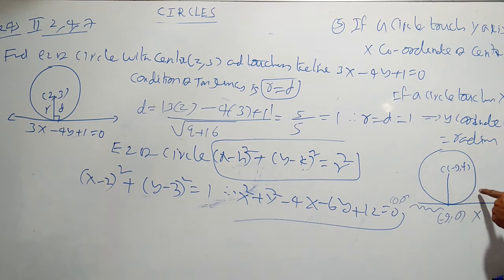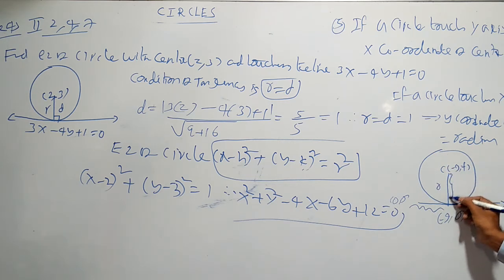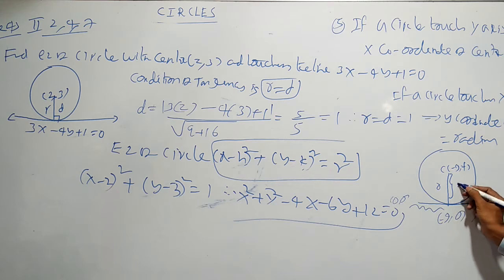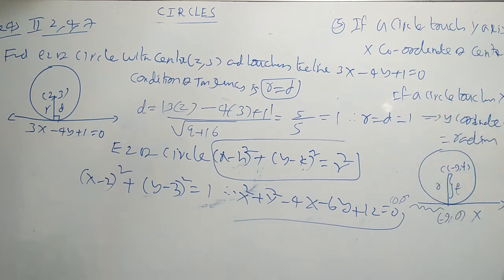So whenever circle touches x-axis, this is the radius. So what is the distance from minus g comma minus f? This one, f. Of course, f you should write because radius is positive. That is why I said if a circle touches x-axis, the y coordinate is the radius.